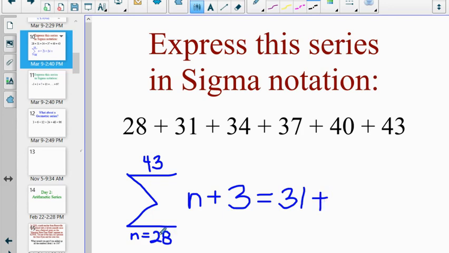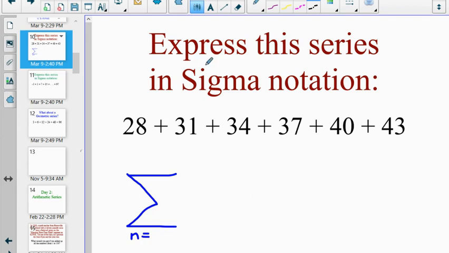And the next term would be 29 plus 3, which just gives me 32. 31 plus 32 plus 33 plus until I plug in 43. The last term I get would be 43 plus 3, which is 46. This is definitely not what I'm trying to represent here. So one way for me to fix this, I'm just going to get rid of those because that does not work. That was incorrect.